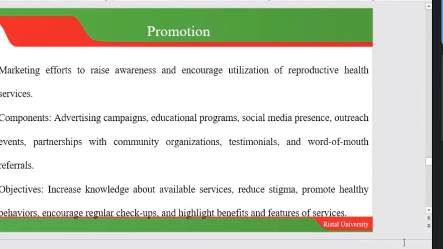So you need to be able to have educational programs. You need to be able to have social media presence, but also outreach events, partnership with community organizations, testimonials, and word of mouth referrals.